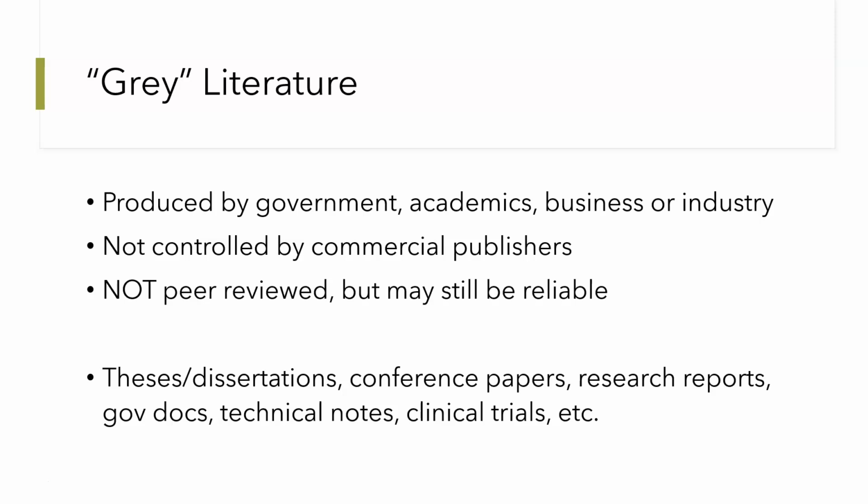Theses and dissertations would be examples of this, conference papers often, government documents, as I mentioned, technical reports, clinical trials, etc. So depending on exactly what the requirements are for your assignment, sometimes you might find really good information from these sources even though they're not peer reviewed, especially government information. So I just like to highlight that those options are out there.